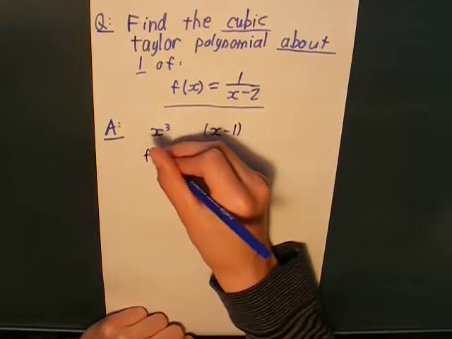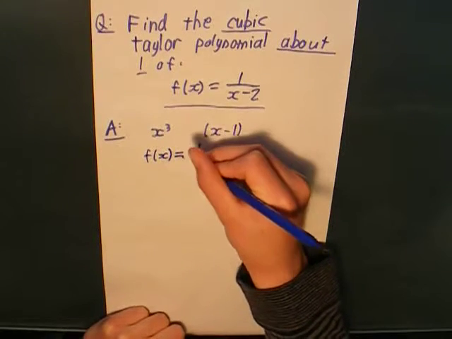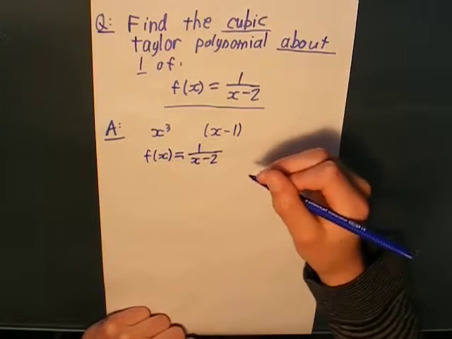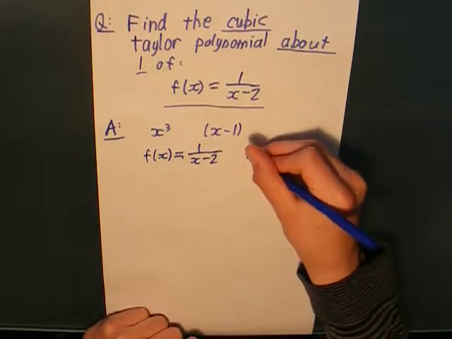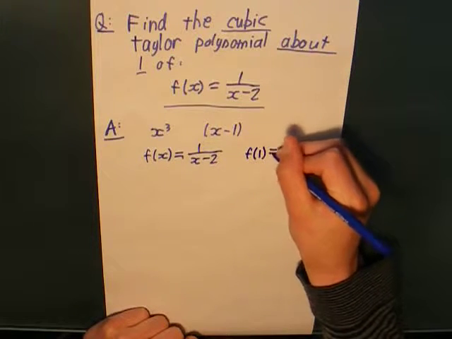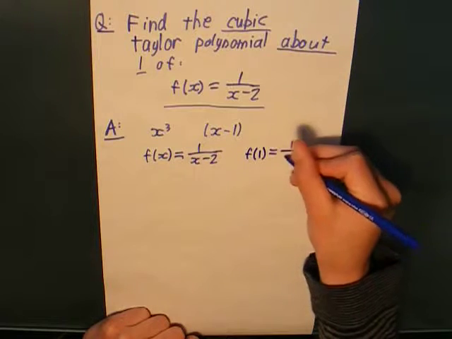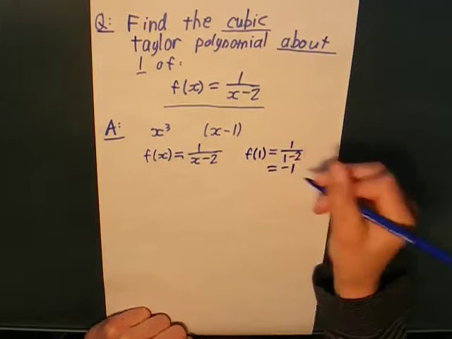So I've got f of x equals 1 over x minus 2, and about 1, so f of 1 equals 1 over 1 minus 2, or 1 over minus 1, or just minus 1.